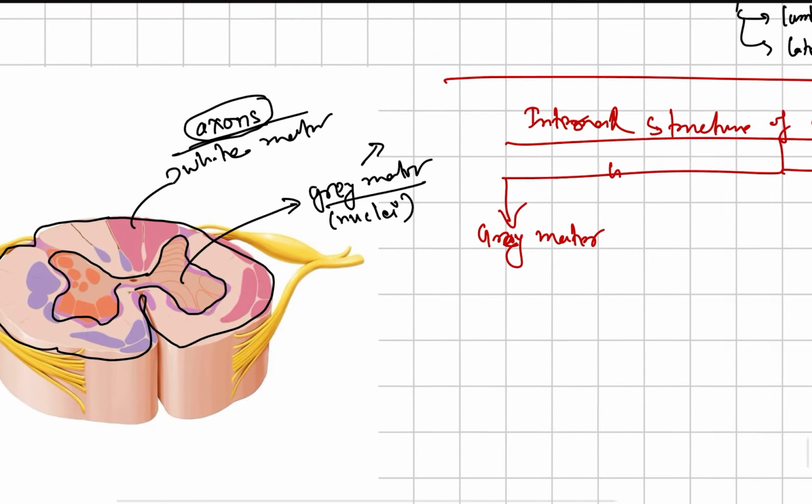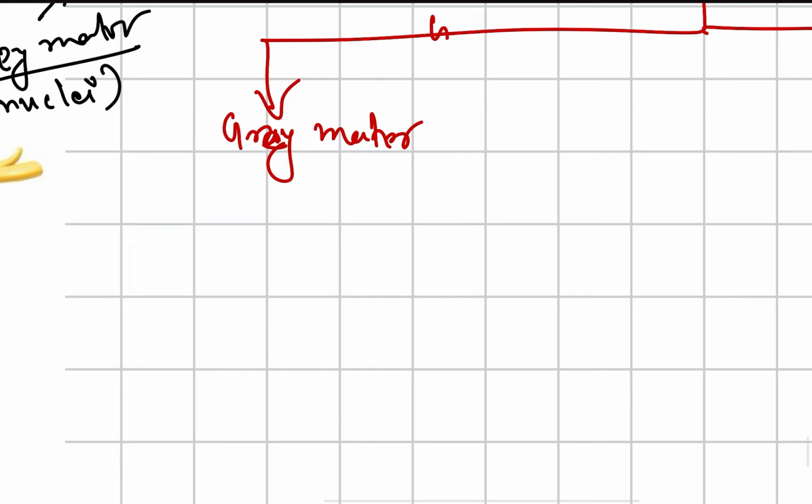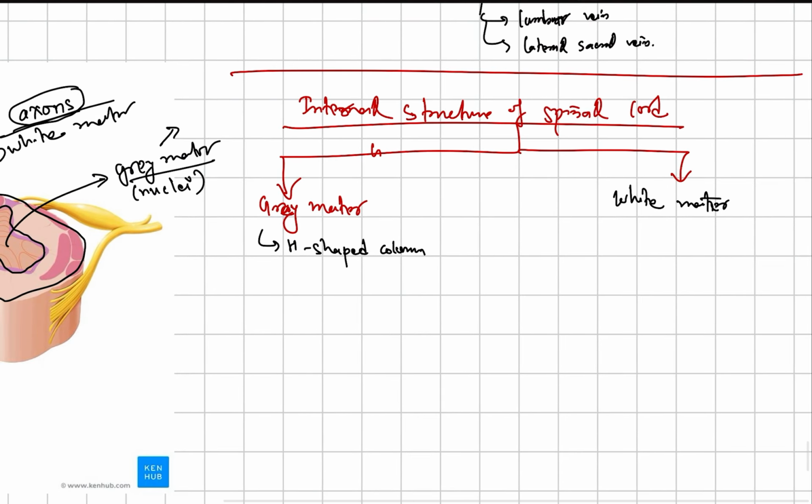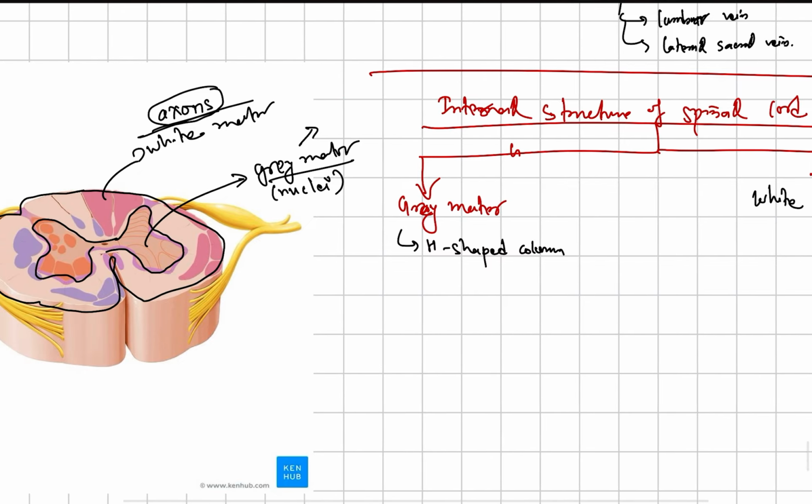So focus on the gray matter. It is an H-shaped column, and it extends through the length of the spinal cord.